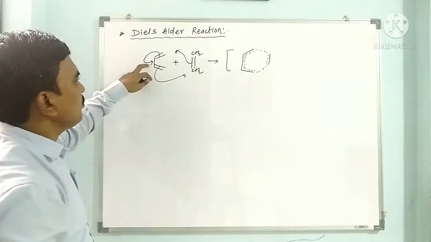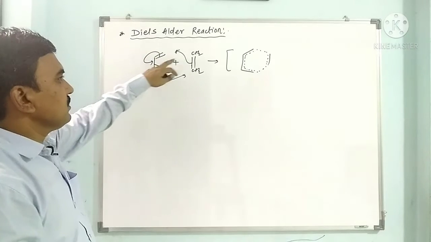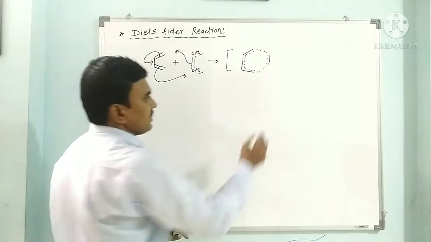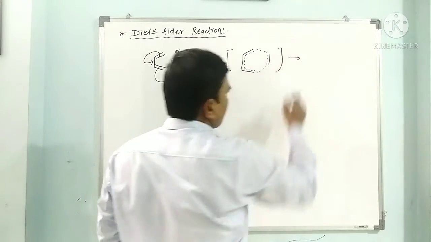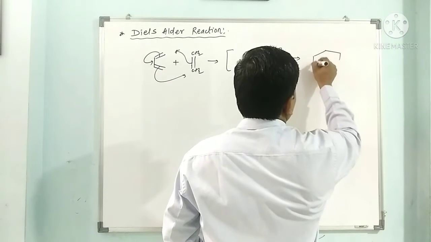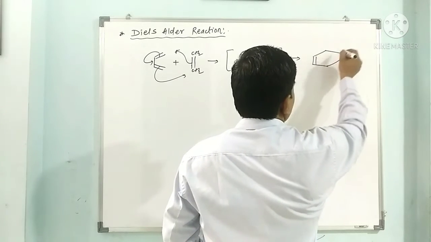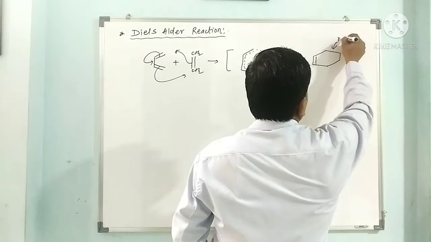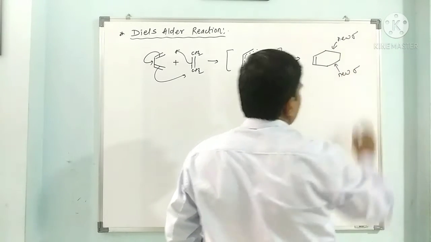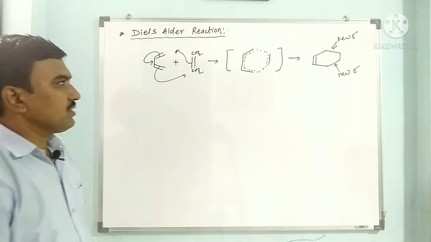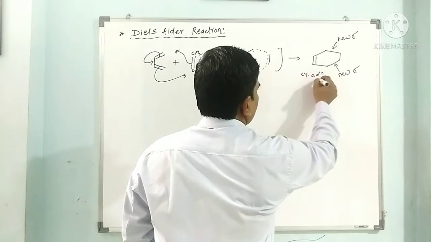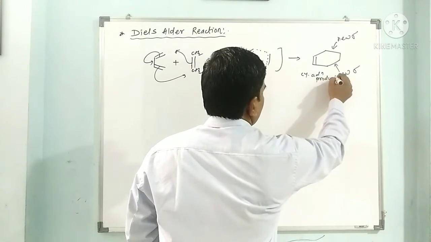So here this new bond forms, both pi bonds get broken and this pi bond gets broken and these two new sigma bonds are formed. So at the cost of 2 pi bonds, 2 new sigma bonds get formed and we get here cyclic addition product called as adduct. So these are the 2 new sigma bonds formed and this product is called as cyclic addition product from the butadiene and alkene.